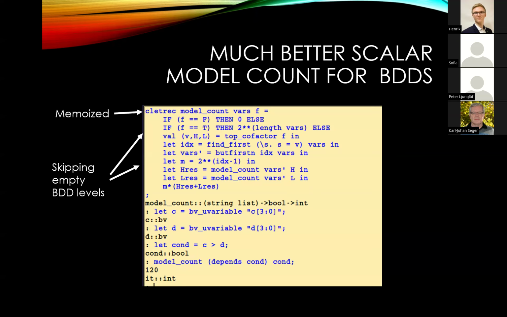And then the other thing, making it a bit more complicated, is that we're skipping empty BDD levels. We essentially do 2 to the k, where k is the number of levels we skipped, to multiply the values. So it's just a more efficient way. And if we run this thing, here I did the example, 2 bit vectors C and D, 4-bit numbers, and the condition is just C is greater than D, unsigned.